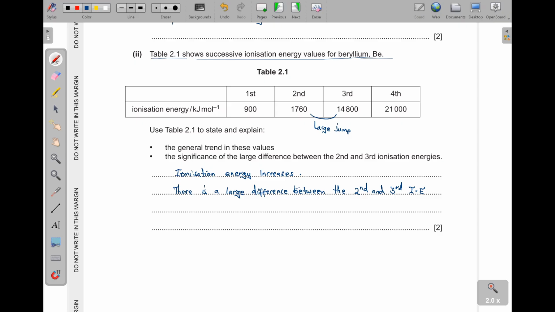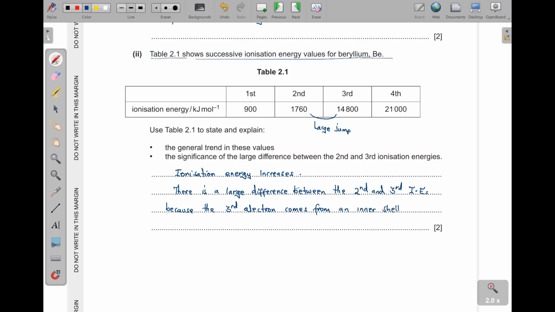What is the significance of that? The significance is that the third electron is removed from the inner shell. The second and third ionization energies differ because the third electron comes from an inner shell.